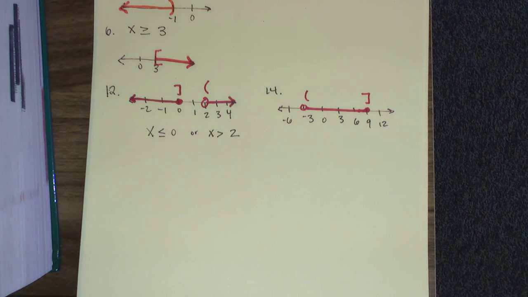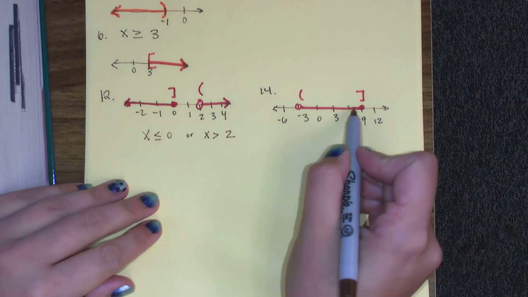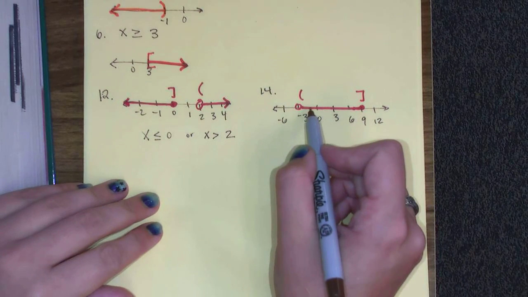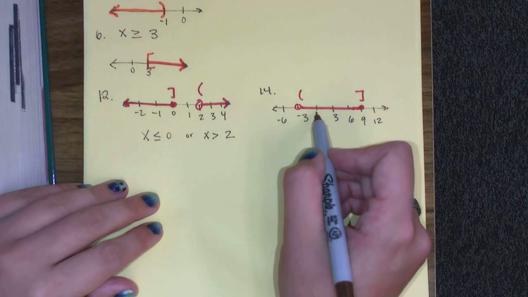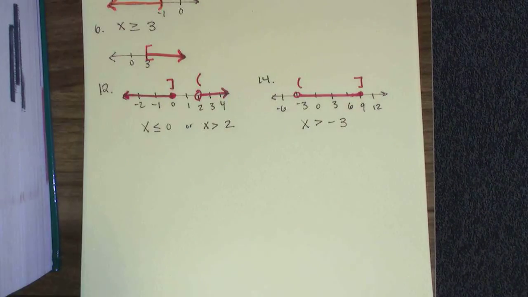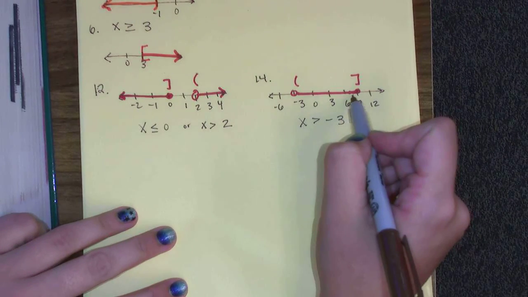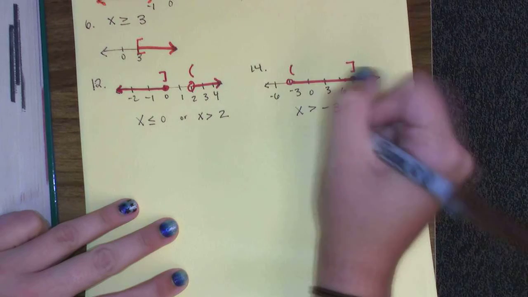Okay, so I'm going to show you how to think about it, and then I'm going to show you how to combine it so it's written correctly. Okay, so x can be any value in here. Okay, so we'll say that x is greater than -3. Okay, and x is less than 9, or less than or equal to.